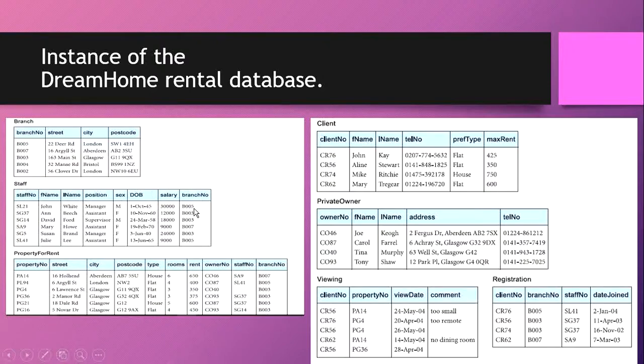So this creates a relation between these two tables, and this column becomes a foreign key because it is a primary key of table branch, and it can only contain the values that we have in the branch number. So a foreign key is a key that appears as a primary key in another table.